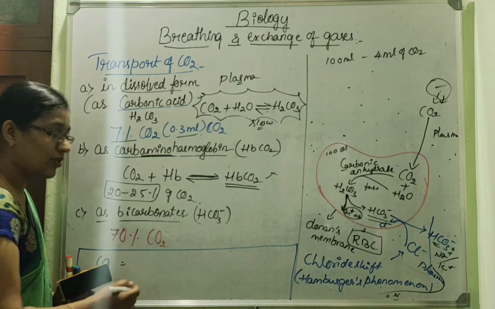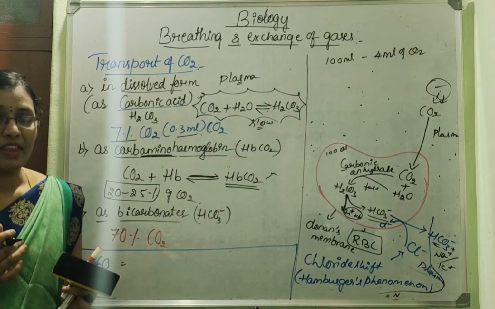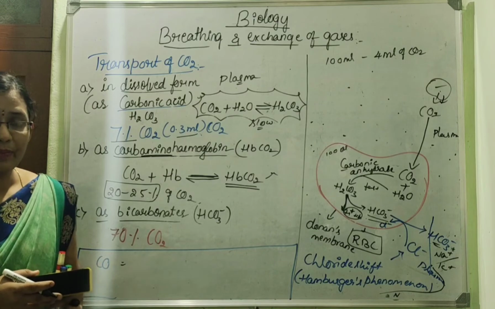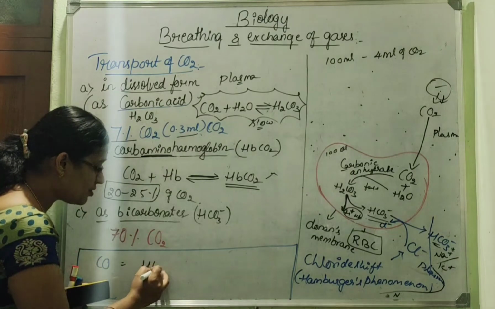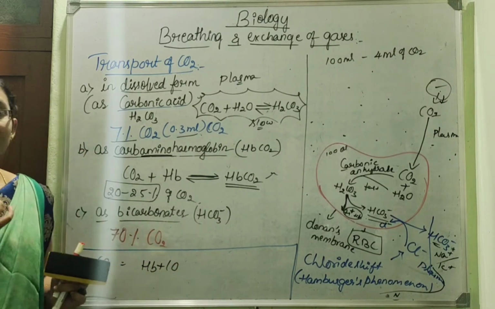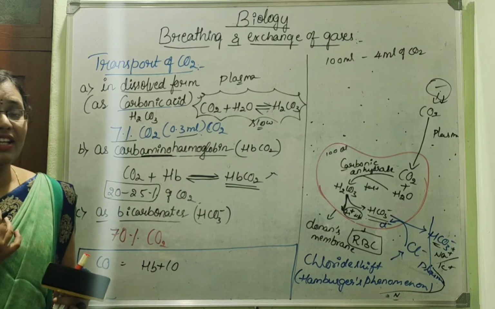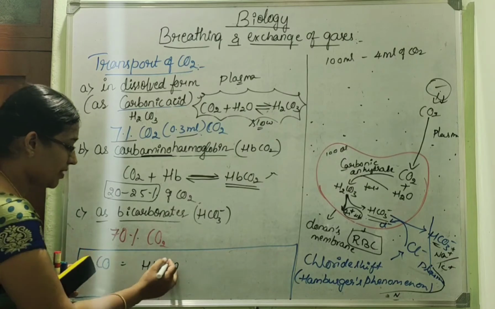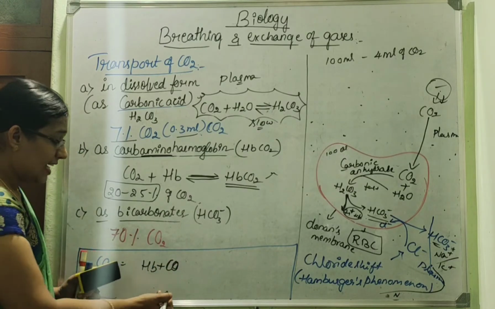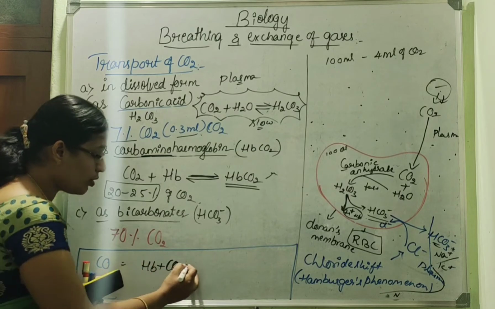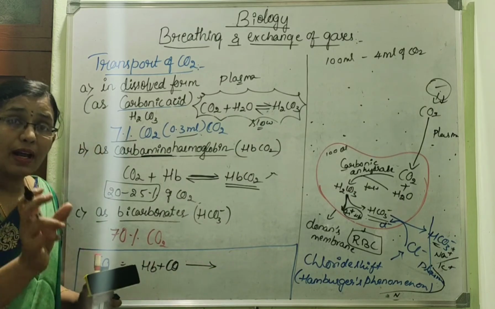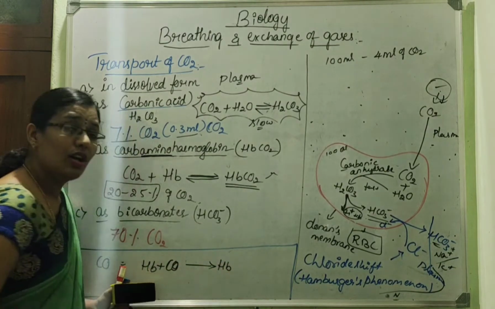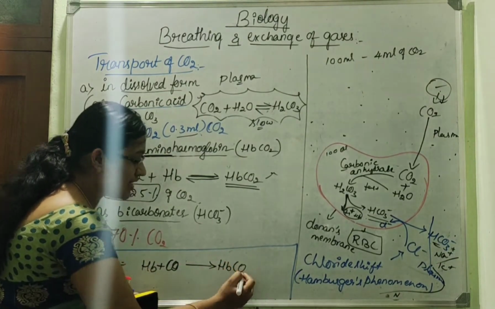See here, CO, that is nothing but carbon monoxide. This carbon monoxide has a higher affinity towards hemoglobin. So it readily binds to the hemoglobin once it enters the bloodstream. Once we inhale carbon monoxide, it reaches the bloodstream, and it readily binds to the hemoglobin to form a permanent complex, that is HbCO.